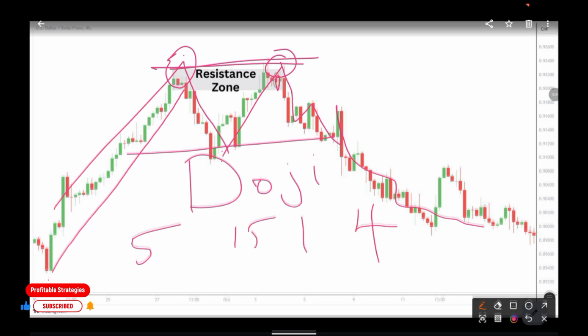But the best time frames to trade doji are 1 hour or 4 hours. It also works on the 15 minute and 5 minute charts, but it works a lot on the 1 hour and 4 hour charts.